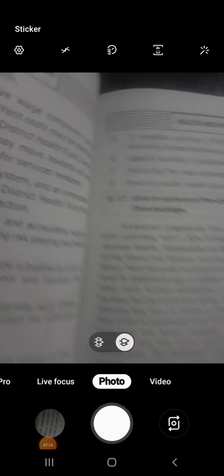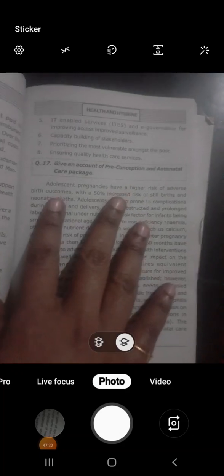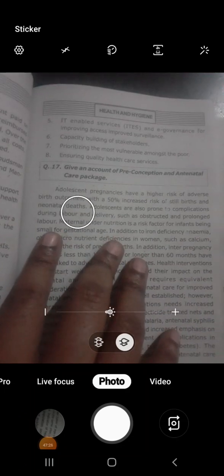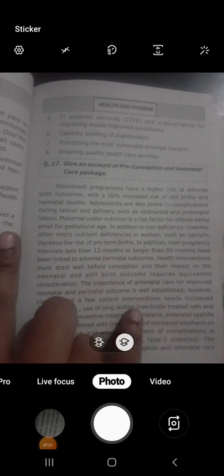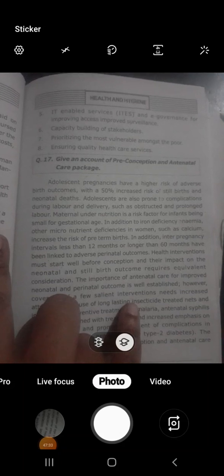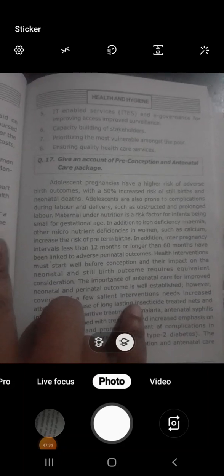And next, the pre-conception and antenatal care package. Adolescent pregnancies have a high risk of adverse birth outcomes, a 50% increased risk, and stillbirth, which is the death of the child in the mother's womb, we call stillbirths. Complications also occur during labor and delivery.